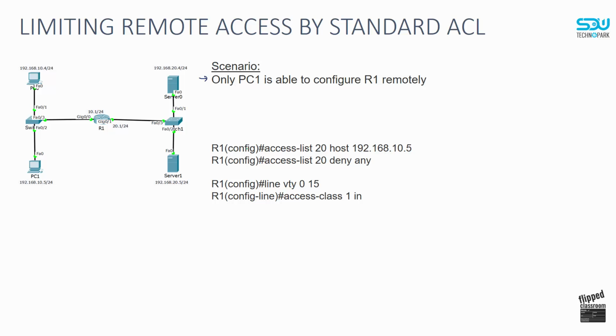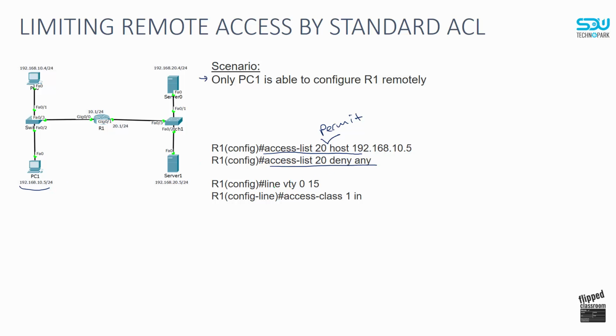So how to implement these rules? We have to create an access list. It can be a named standard or just a numbered standard ACL, for example 20, and we say permit host 192.168.10.5, permit this host and deny any other hosts.